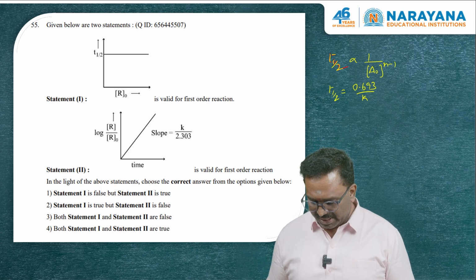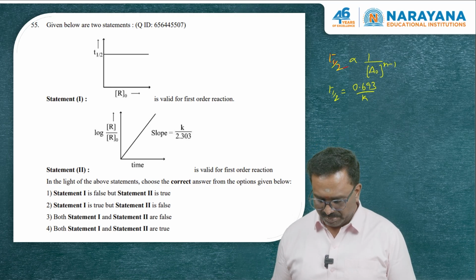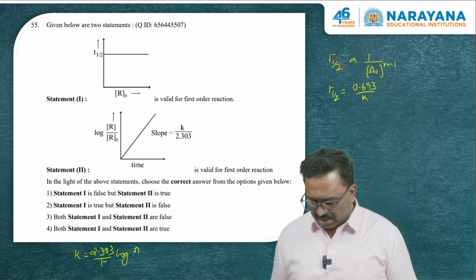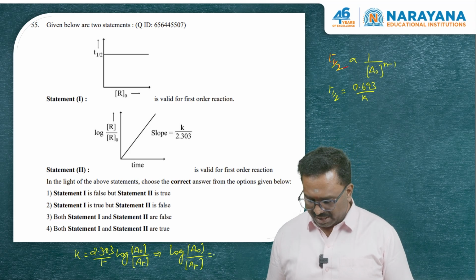When we see statement 2, log R by R naught versus time. Actually, for the first order reaction, the rate constant is 2.303 by t log of initial concentration by concentration at time t. So log of concentration at initial state by concentration at time t is equal to kt by 2.303.